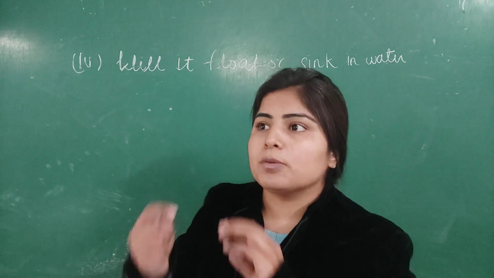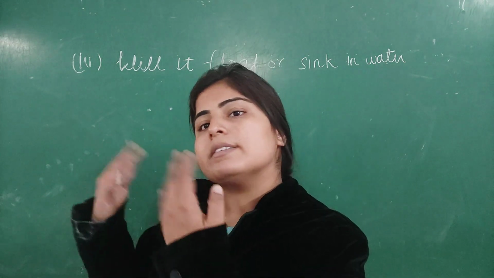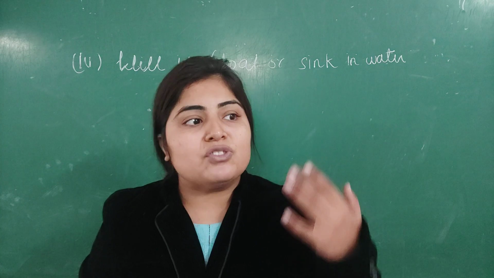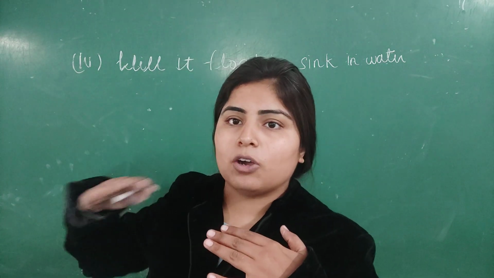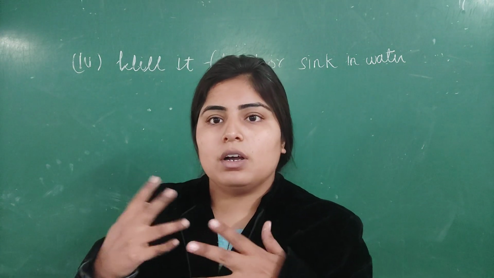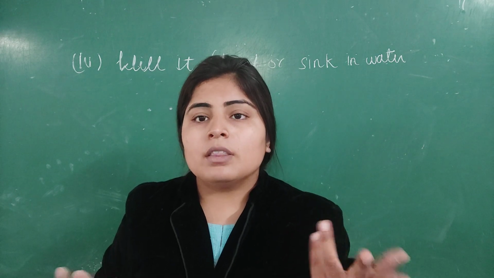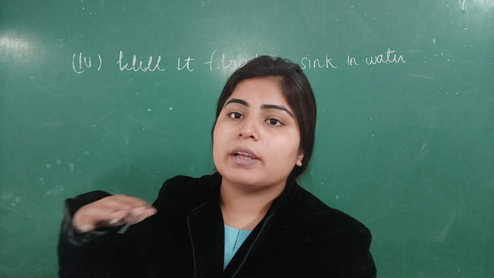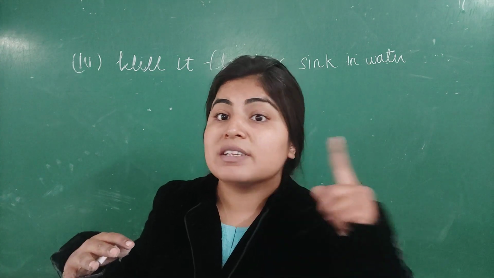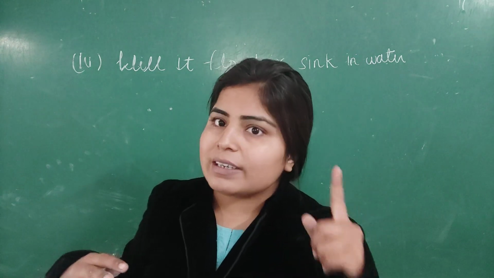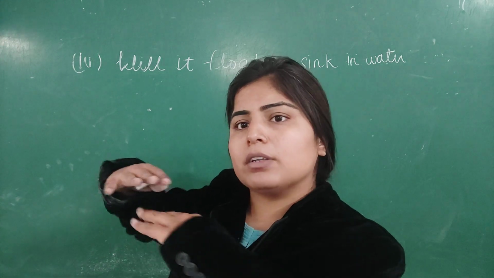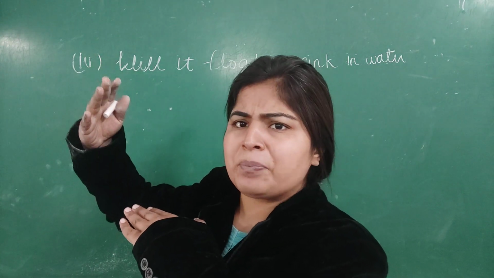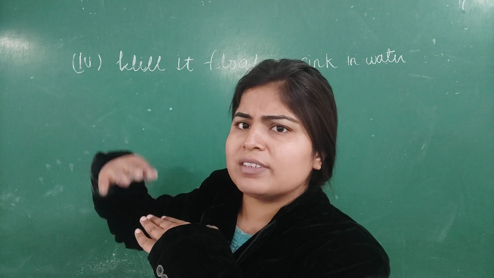ठीक है, कोई भी चीज जितनी ज्यादा डेंसर होती है वो लोअर लेयर ऑक्यूपाई करती है. If two layers of liquids are there, they have different densities. So which one will occupy the lower layer? Of course, the one whose density is high. जिसकी डेंसिटी ज्यादा होती है वो हमेशा नीचे की तरफ होता है.